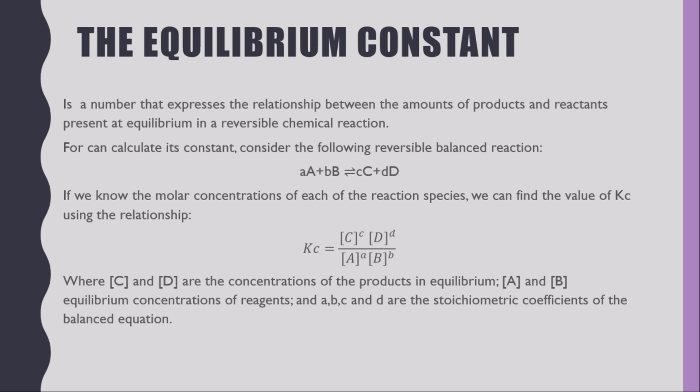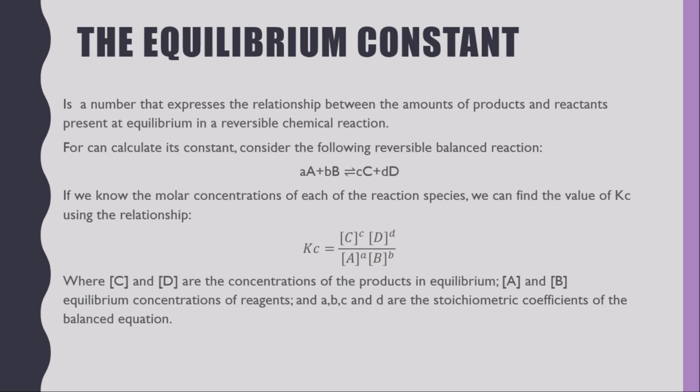If the constant is 1000 or more, the products are favored in the equilibrium. If the constant is 0.001 or less, the reactants are favored. And finally, if the constant is between 0.001 and 1000, the reaction has a balanced equilibrium.